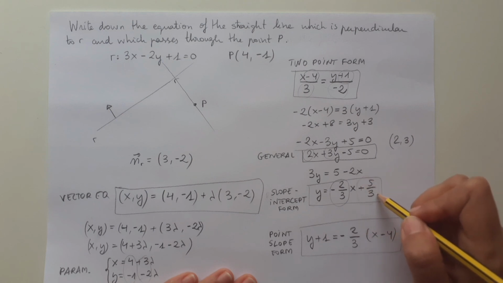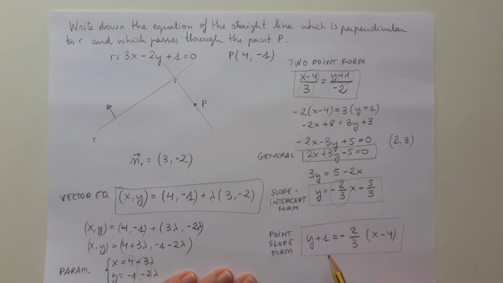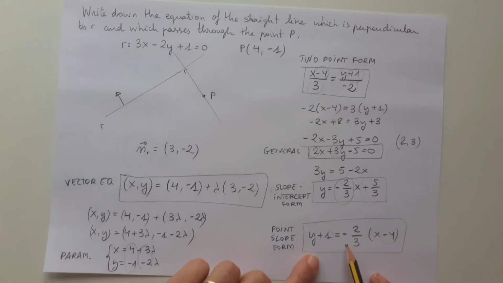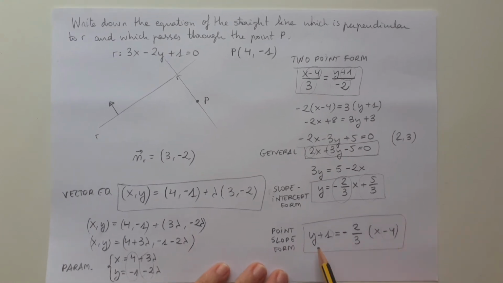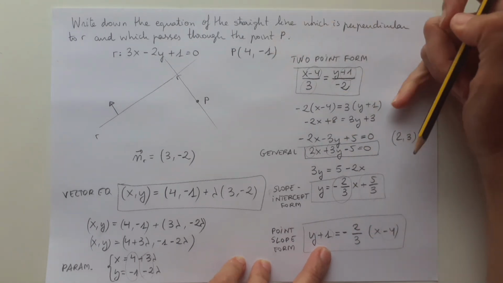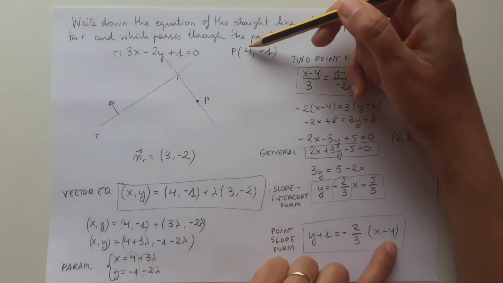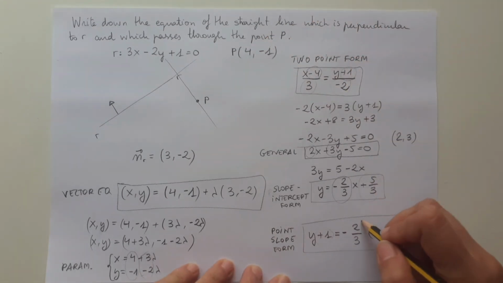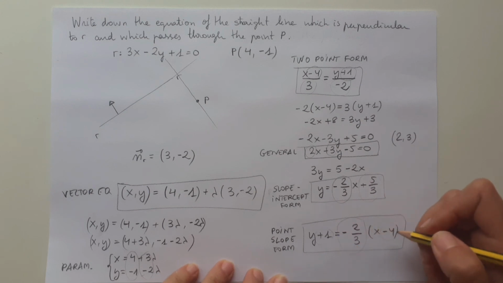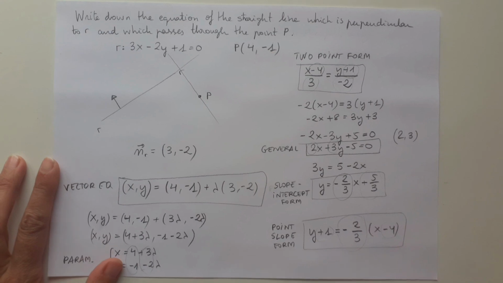This is where my line intersects the y-axis. And here in the point slope form, here I have the coordinates of the point that the line passes through. With y is the y coordinate of the point but with opposite sign. And with x is the x coordinate of the point but with opposite sign. And here we have the slope of the line as well. I hope you understood. See you soon.